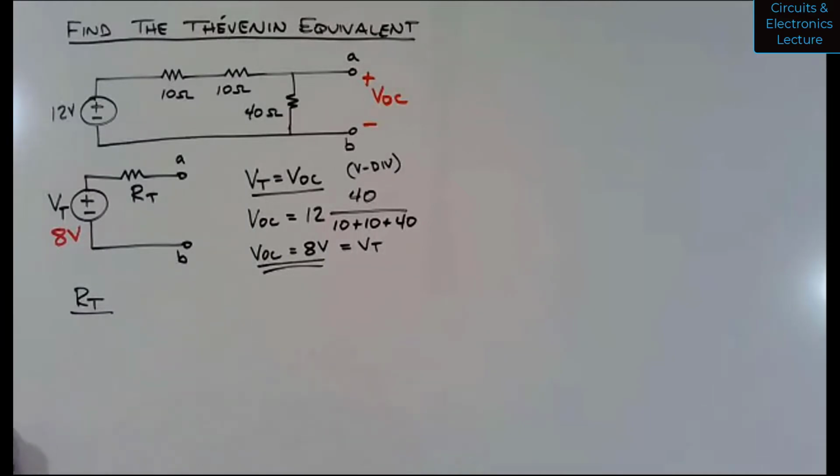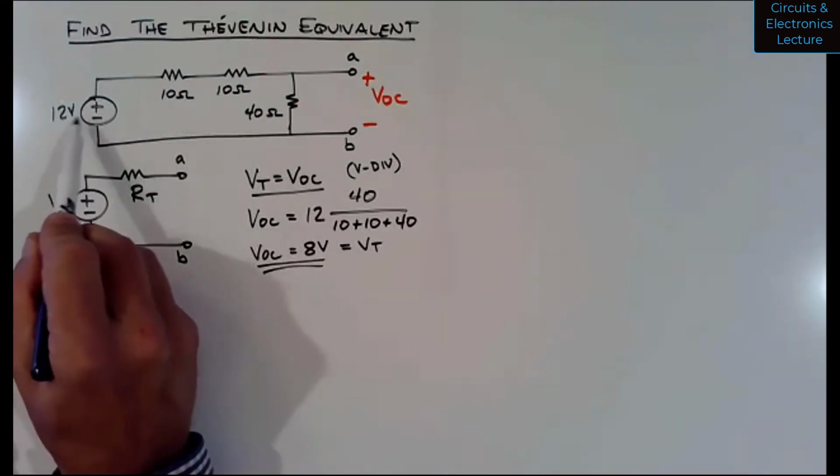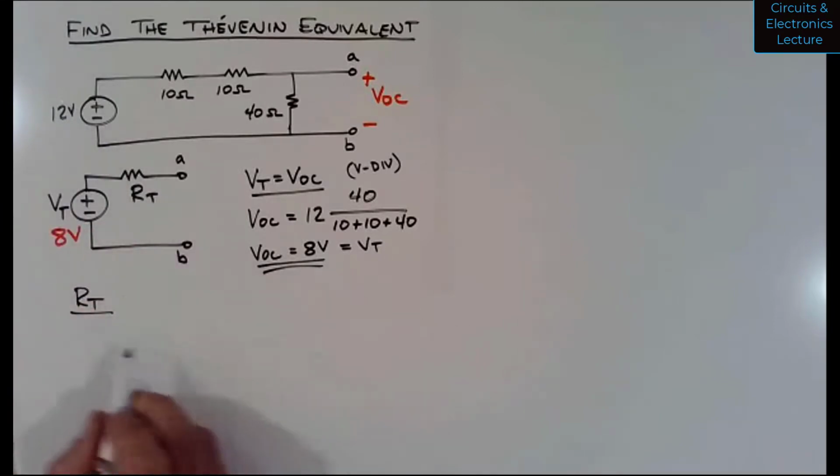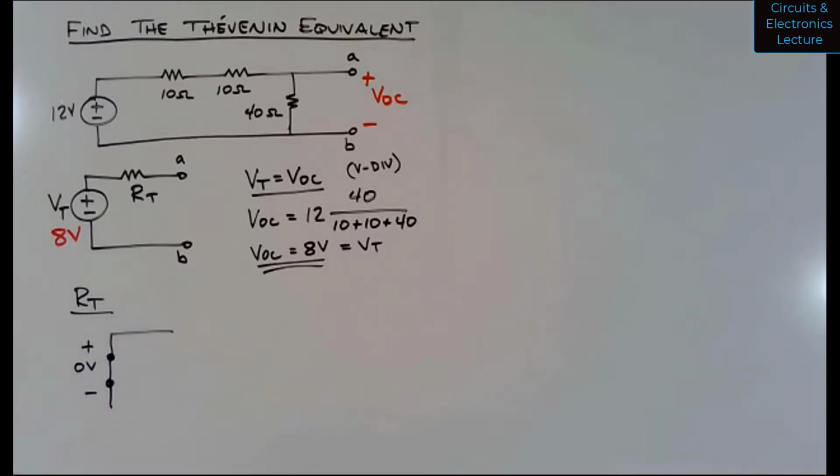Okay, so what I do is I'm going to draw the circuit again, but I'm going to replace 12 volts with 0 volts. And as I showed on the last slide I showed, I can replace that source with a short, because a short is 0 volts.